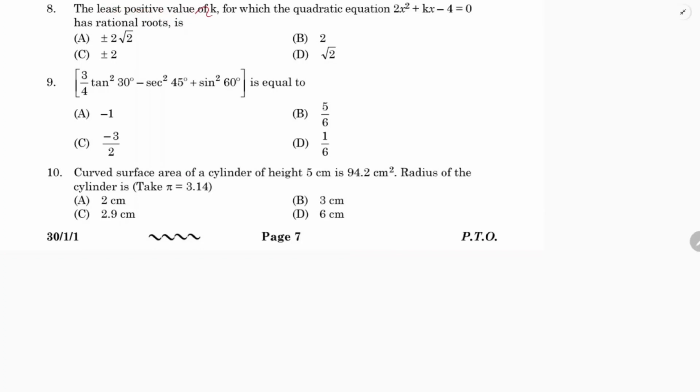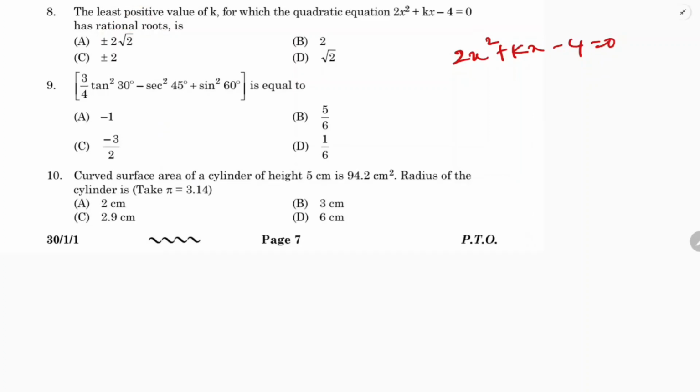The least positive value of k for which the quadratic equation 2x square plus kx minus 4 equals 0 has rational roots. The question is very interesting. One is because of rational, the other is they want only positive value. Rational and positive value. If I compare with the standard one, ax square plus bx plus c, the value of a is 2, b is k, c is minus 4.